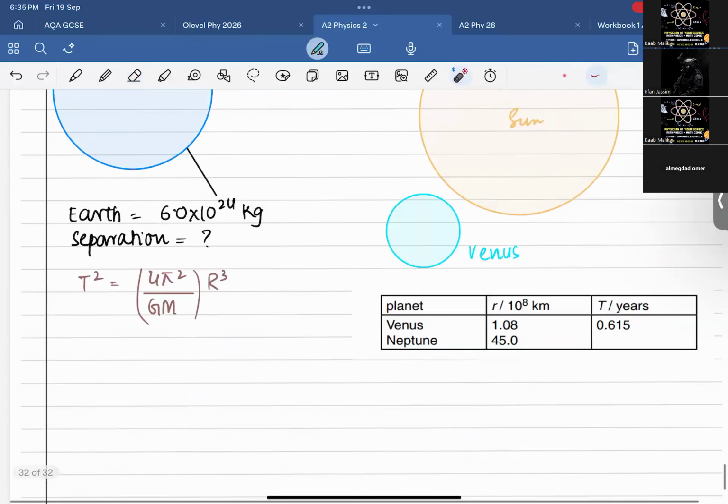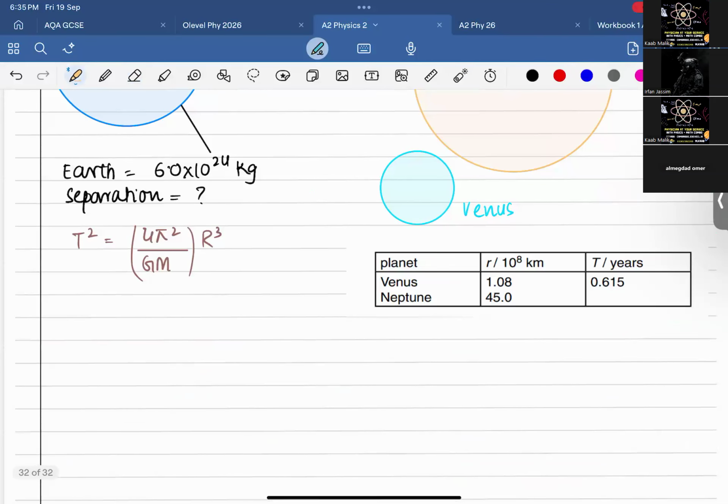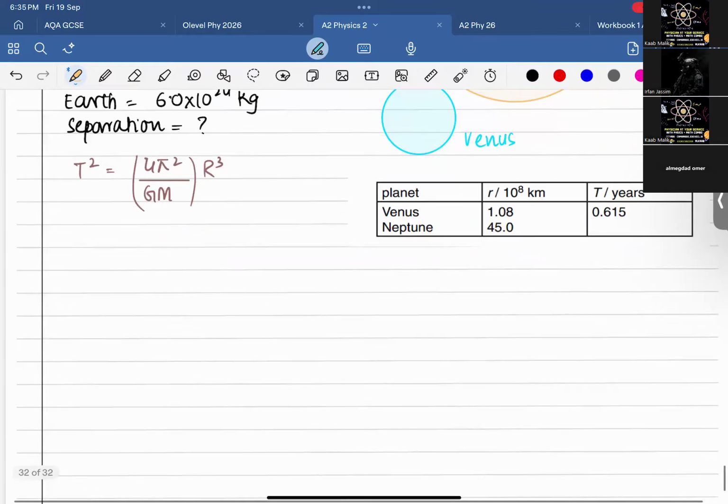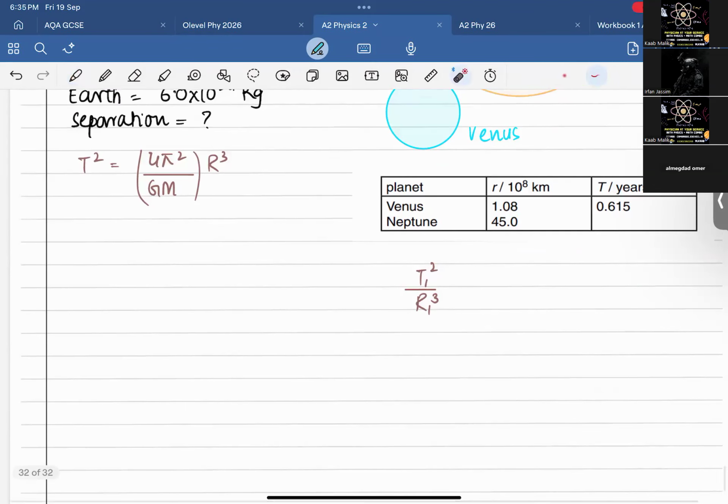Okay. So is it T1 squared or R1 cubed? You can see the actual formula. The actual formula contains T squared and r cubed, right?